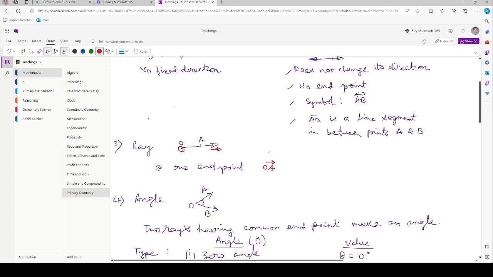like that. If the arrowhead is like that, then this ray can be symbolized as OA.